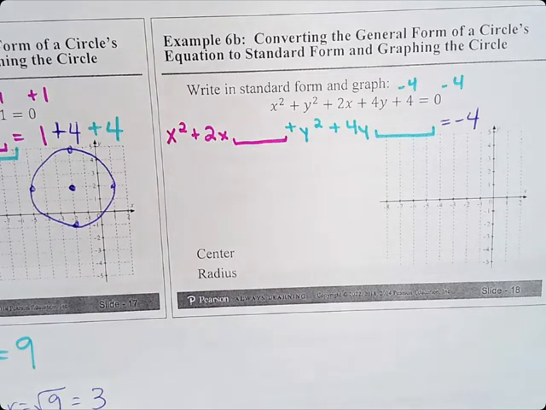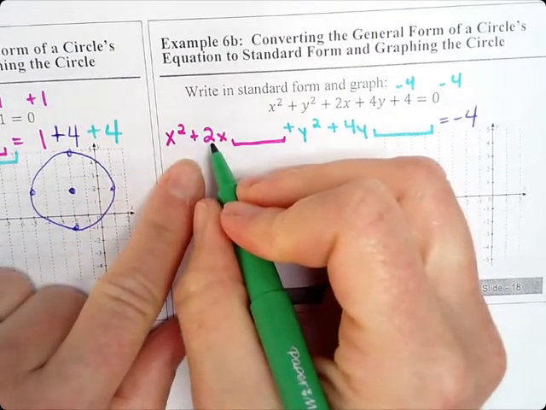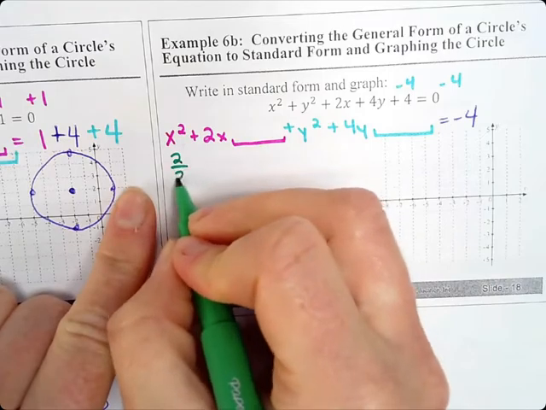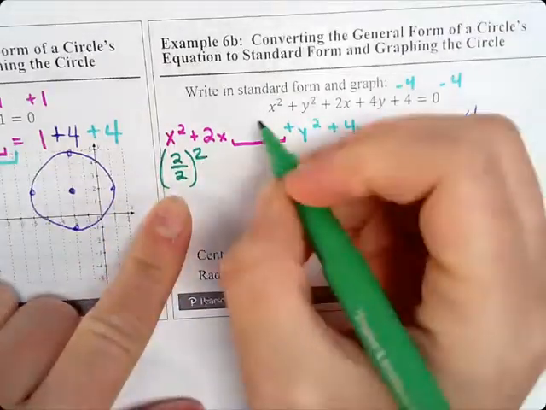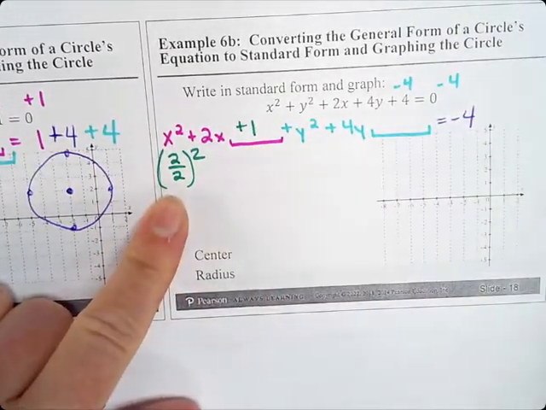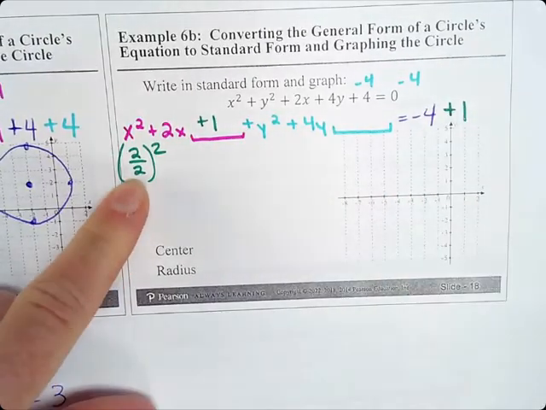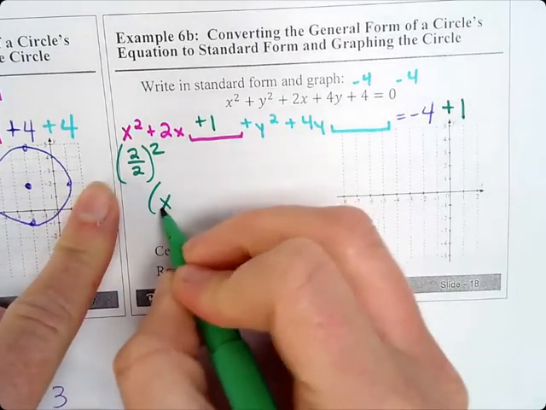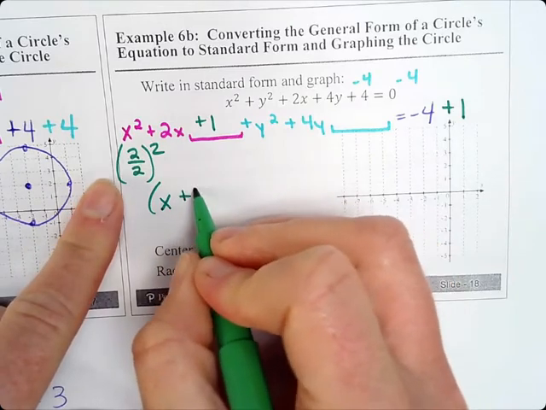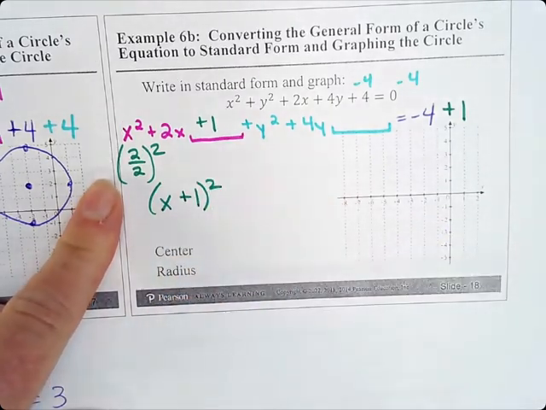Okay, so let's go over real quick to make sure that you all have it. So you would do that middle term divided by 2 and then square it, which gives us plus 1. Whatever you do to one side, you have to do to the other. And this would be x plus 1 squared.